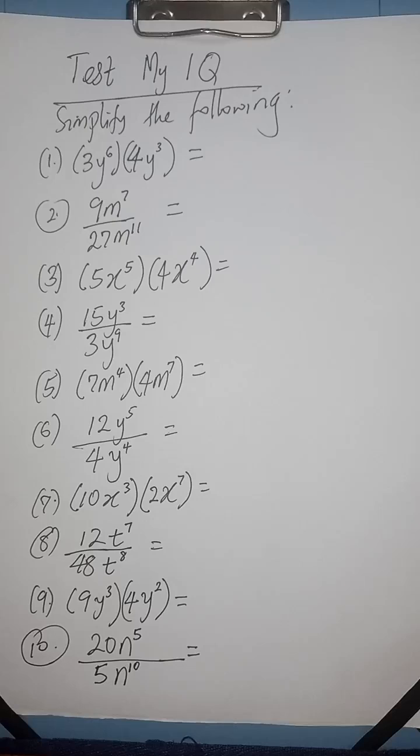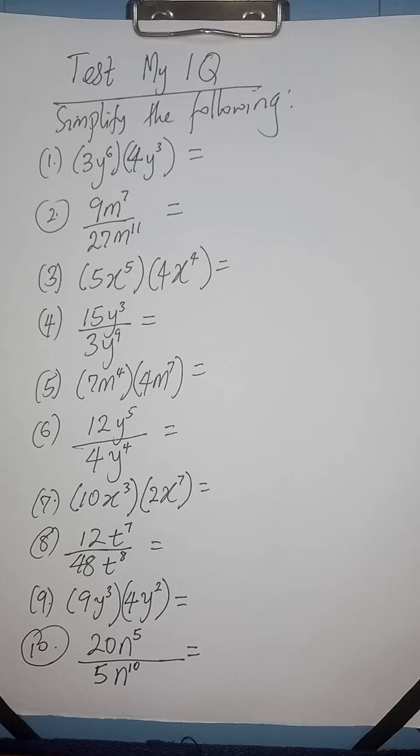And number 5, you have 7m raised to power 4 in brackets, multiplying 4m raised to power 7 in brackets. Number 6, 12y raised to power 5 divide 4y raised to power 4. Number 7, you have 10x raised to power 3 in brackets, multiplying 2x raised to power 7 in brackets.